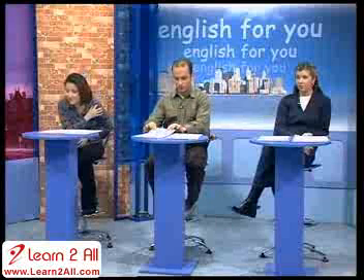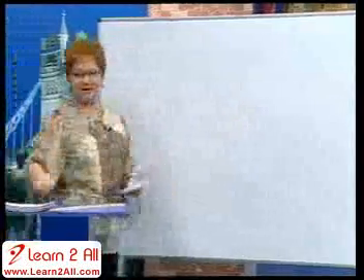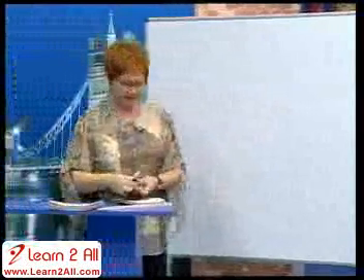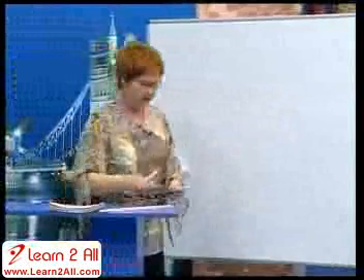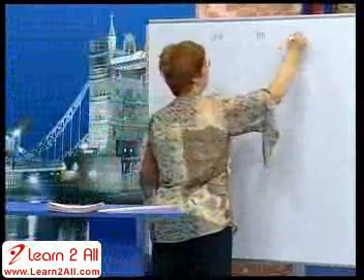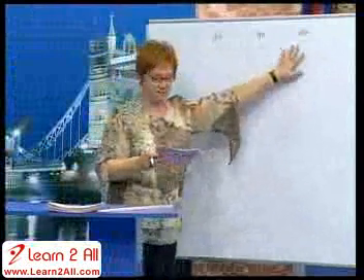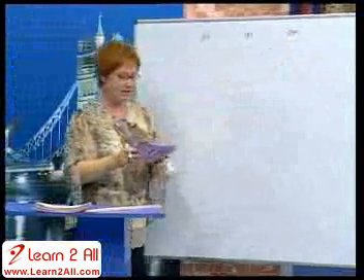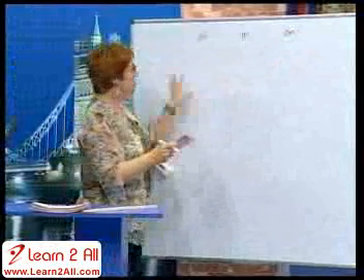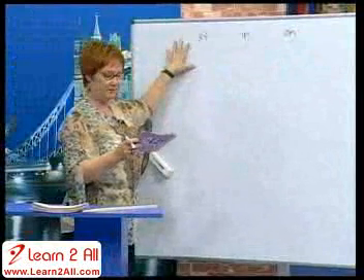Again, prepositions in English are very small, but very important. And so we're going to practice a little bit more. Now, again, we're going to talk about at, in, and on. Remember that we use these prepositions to talk about places, where things are.